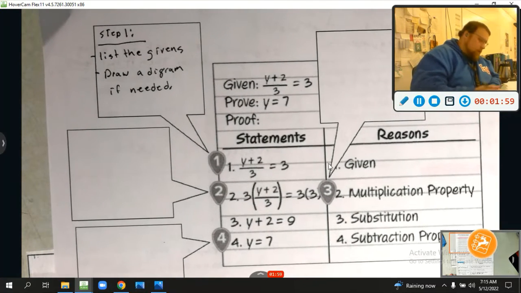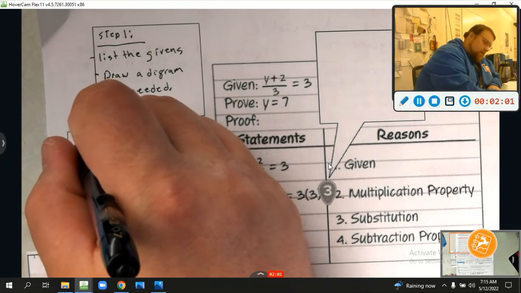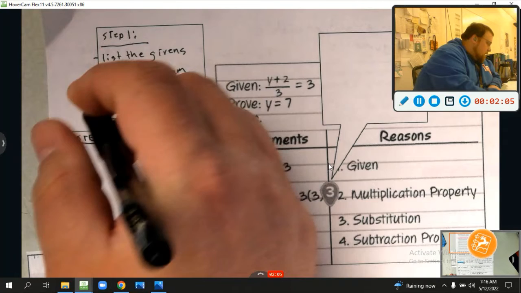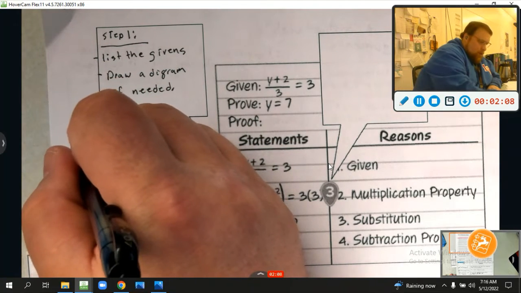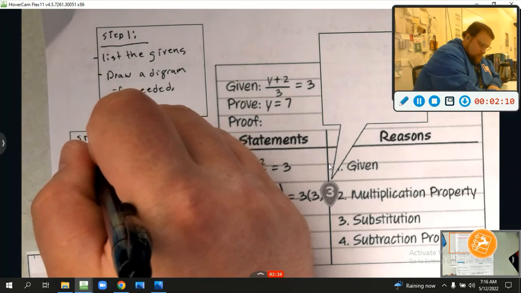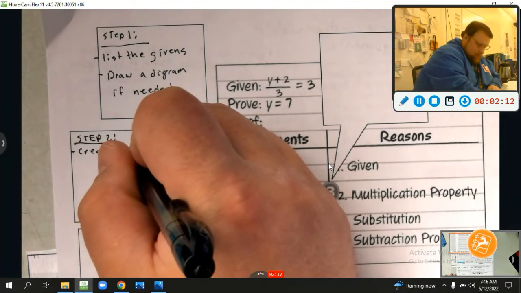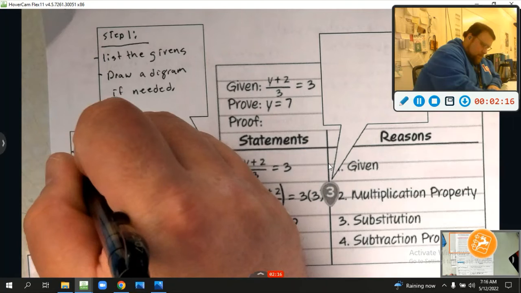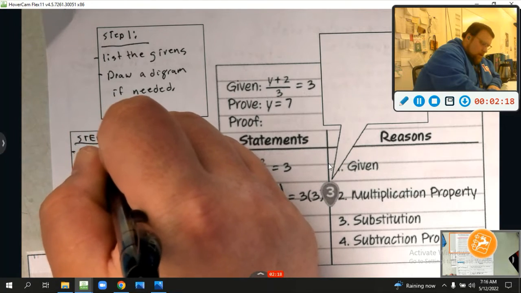So what is 2? We write down step 2. Step 2 is create a deductive argument. What do I mean by deductive argument?